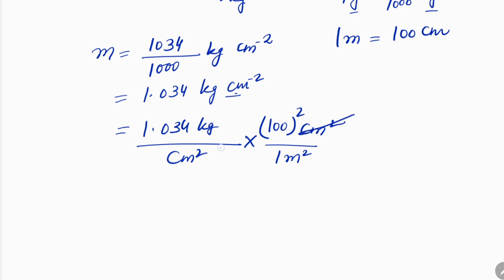Now the centimeter square will cancel down and it will become 1.034 into 10 to the power 4 kilogram meter inverse square, right?